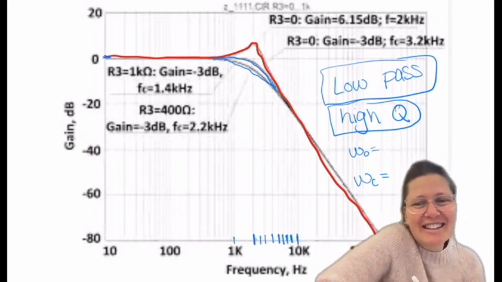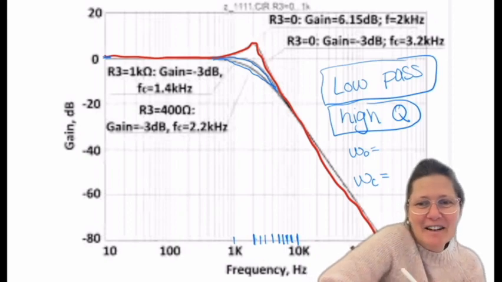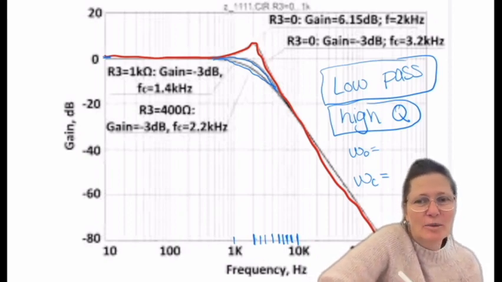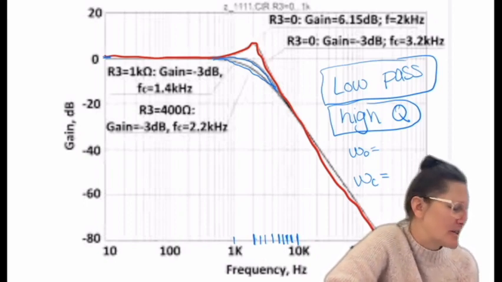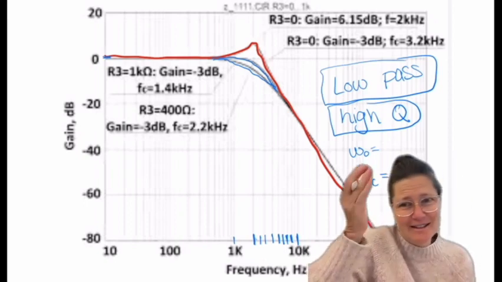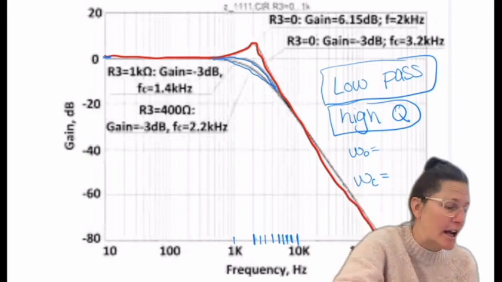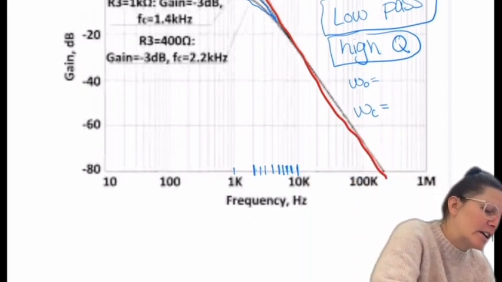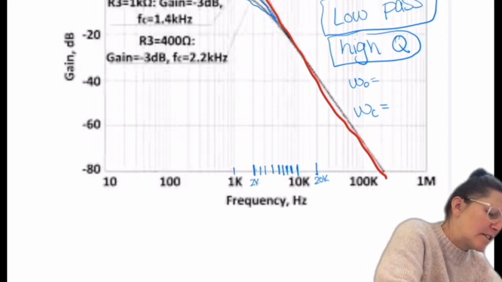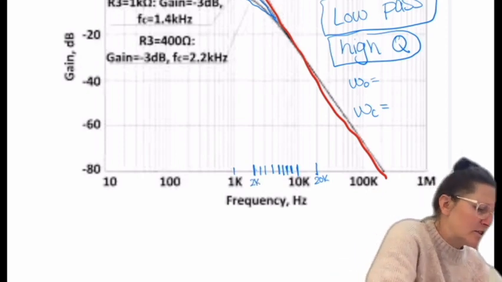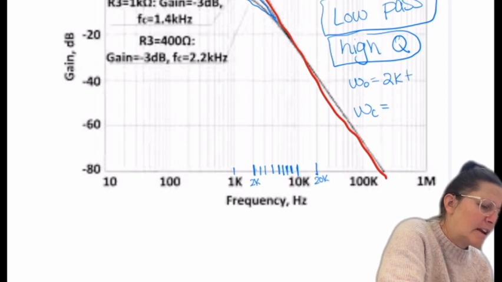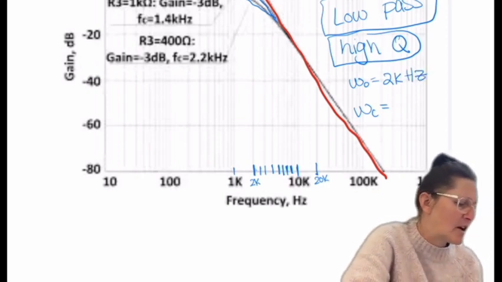So each line in there goes up by a value of 1 in whatever the unit is. So in Ks, it goes 1K, 2K, 3K, 4K, 5K, 6K, 7K, 8K, 9K, and then 10K. And then over here, this becomes 20K, 30K, etc. So this would be 2K. And again, this is in hertz for omega naught.